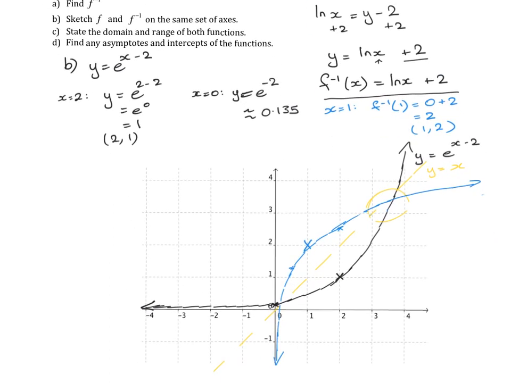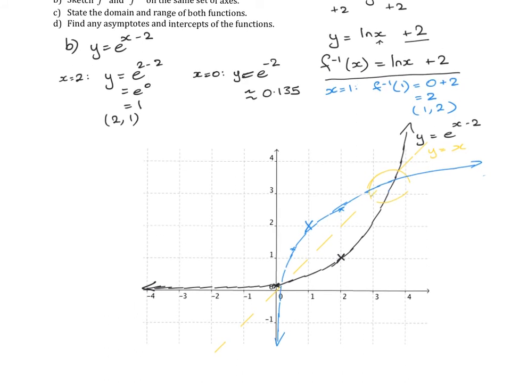State the domain and range of both functions. Okay, so now let's just focus on f. And this is part C. The domain for f, so that's the black one, it actually crosses all x values, so we can say all real x.